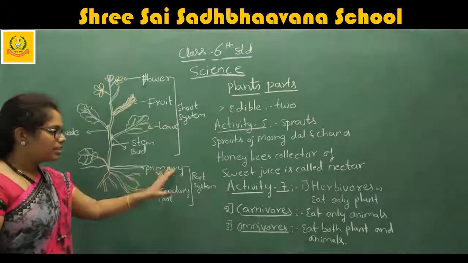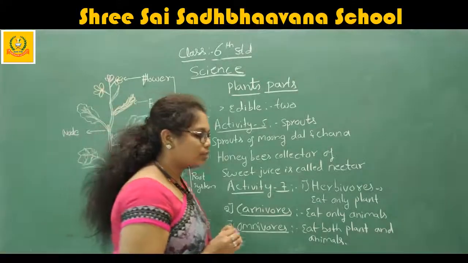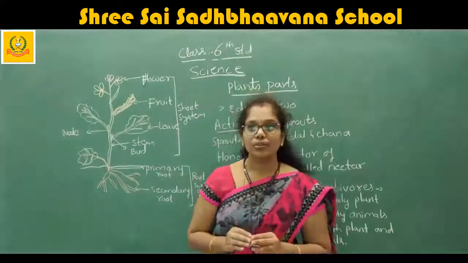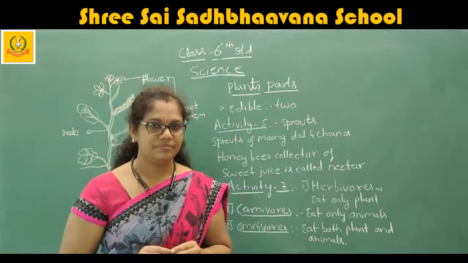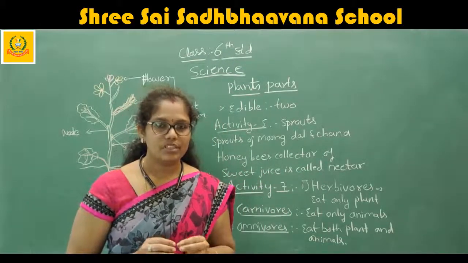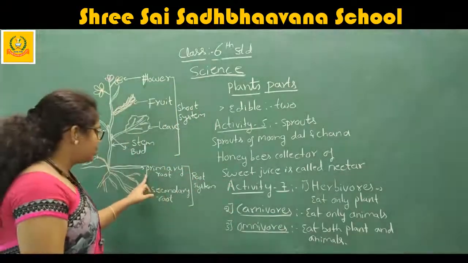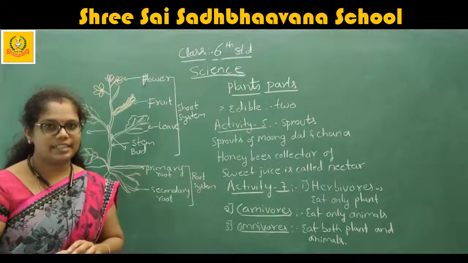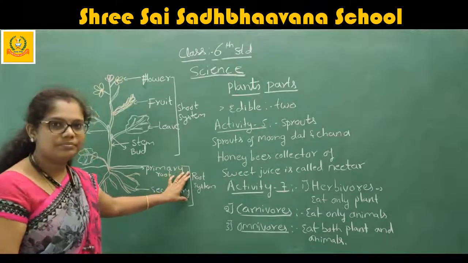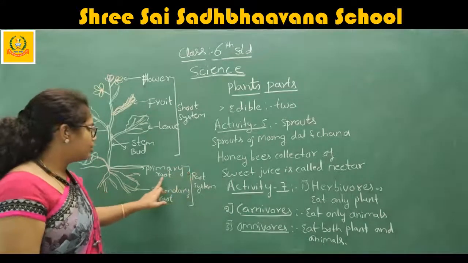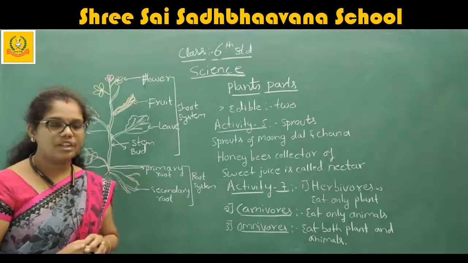The two important roots present in the root system are the primary root and the secondary root. Now you understand the root system.